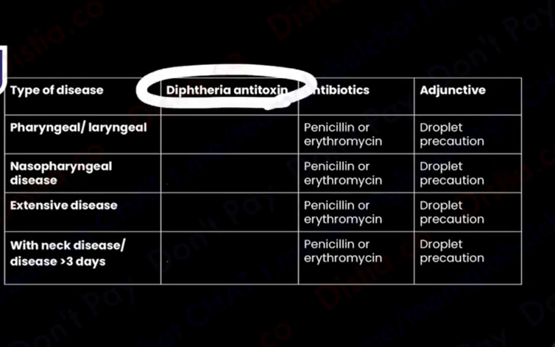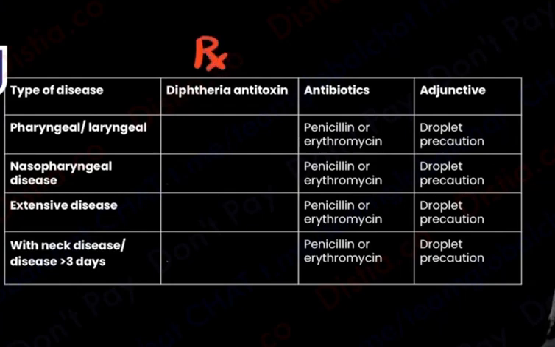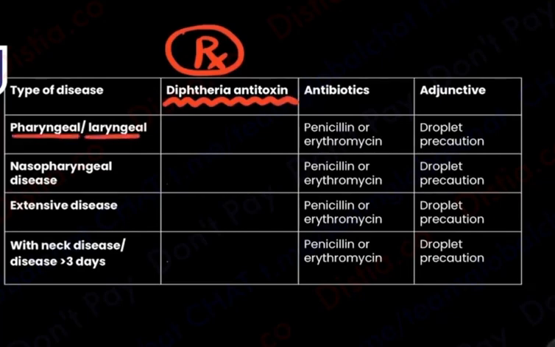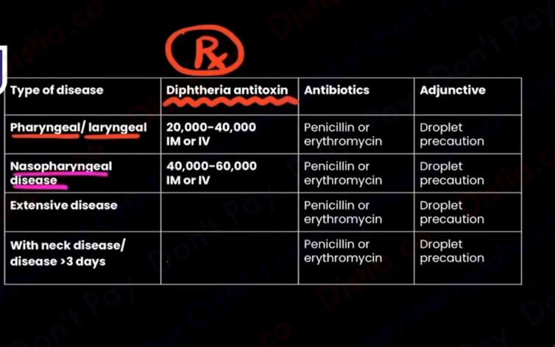What is going to change is the real treatment, that is how much of diphtheria antitoxin is going to be given. You don't have to learn the exact numbers, but I'm just telling you, if it is a minor disease, means less than 3 days, pharyngeal hai, so you give a minor dose, like 20,000 to 40,000 units you can give IM or IV. ठीक है, छोटा dose दोगे. If it becomes nasopharyngeal, you need a little advanced dose, so 40k to 60k units you can give.